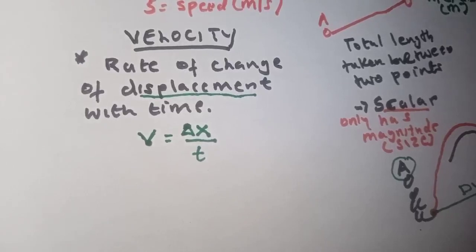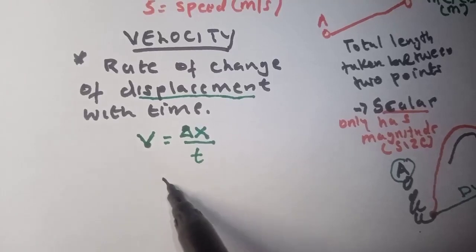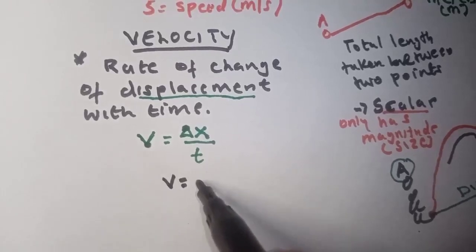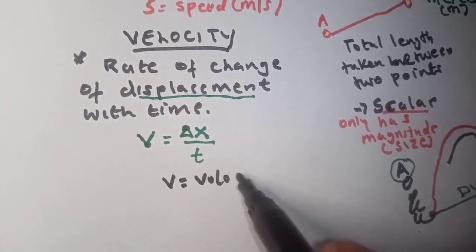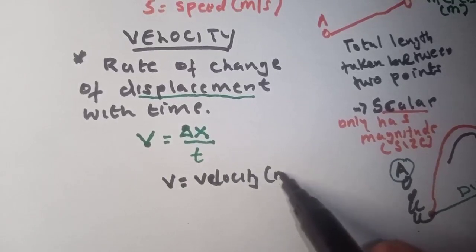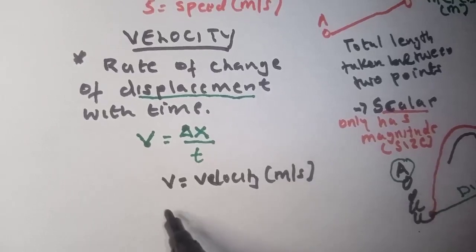So that is speed and velocity. Now that we've learned about speed and velocity, V is equal to velocity, SI unit meters per second.